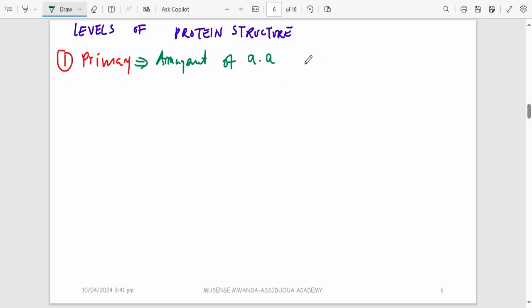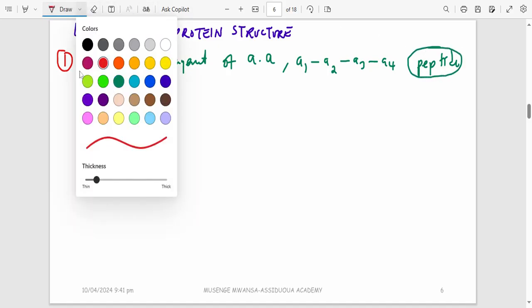For example, you have amino acid 1 bonded to amino acid 2, bonded to amino acid 3, bonded to amino acid 4. So the only bond that you find in the primary level is known as a peptide bond. What is a peptide bond? It is a bond that is found between two amino acids. That is the only one.